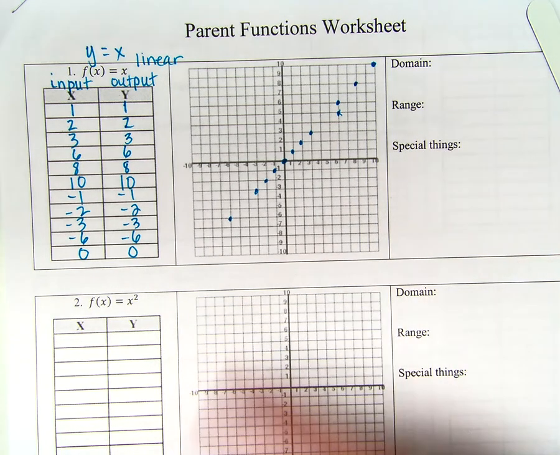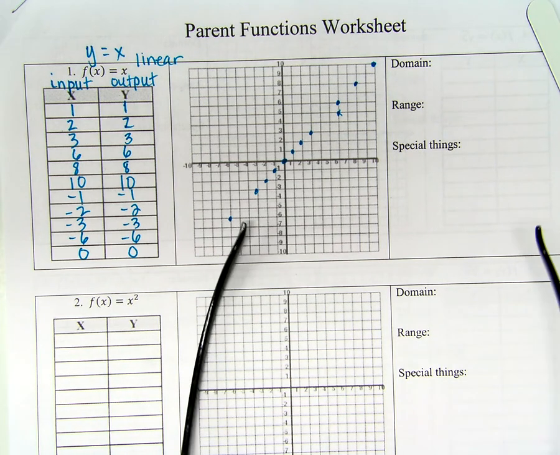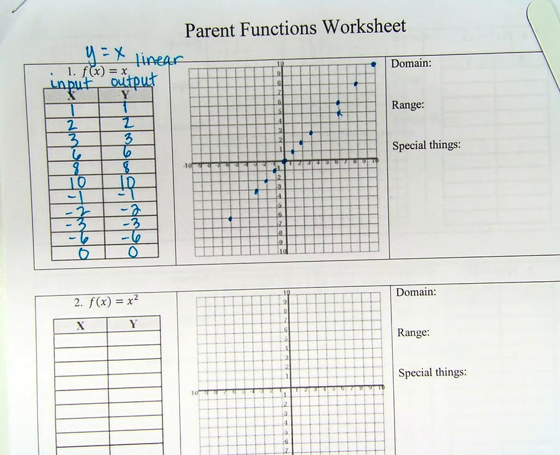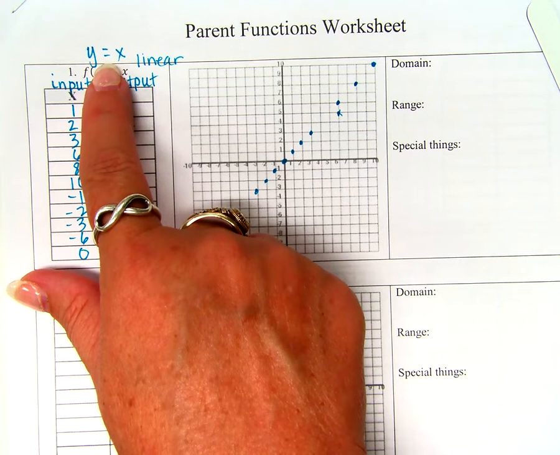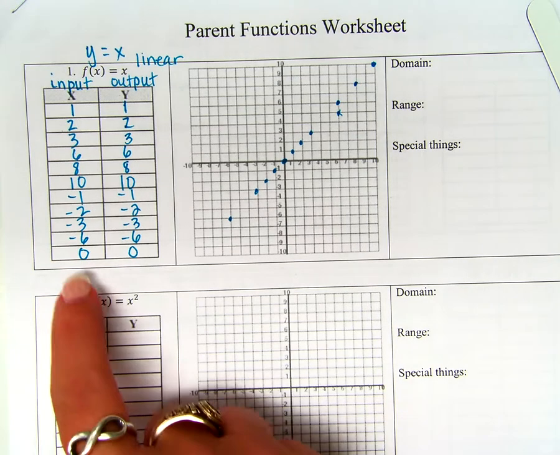Did you draw a line through your points? Why not? I think you're thinking of the word continuous. Is this data continuous or is it discrete? How is it given to you? An equation, right? So what if I said x is 0.5?